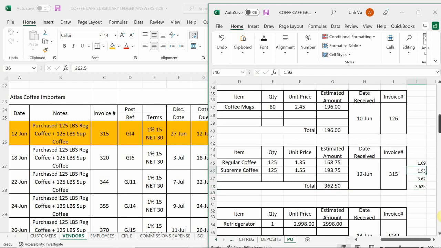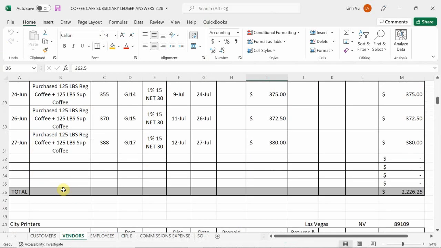So in this case, I can round this up to $1.94. So there you go. You got a grand total of $3.63, and those are the numbers that I'm looking for, $1.69 and $1.94. So that's my 1% discount.